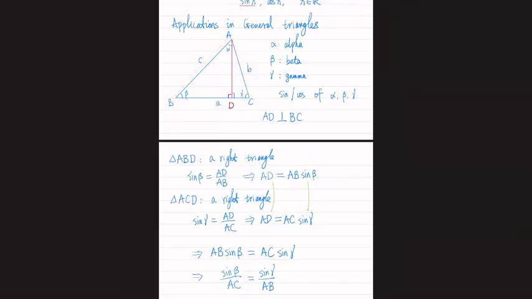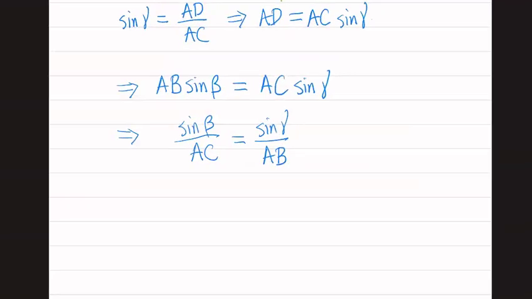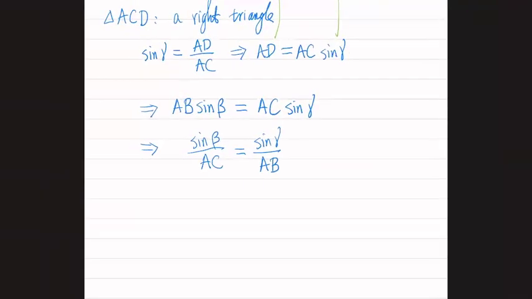No matter what triangle we have, the two ratios must be the same. The sine of the angle over the length of the side, sine of the angle, length of the side. If we rotate this, sine of the angle, length of the side. So this is the law of sines for any triangle.